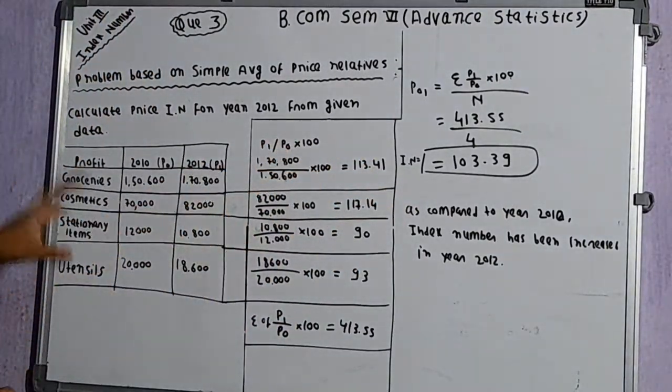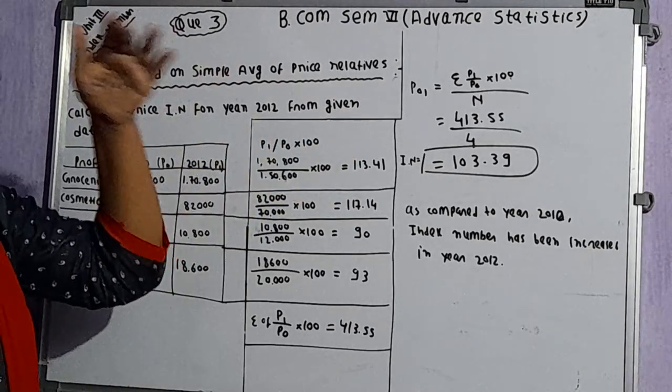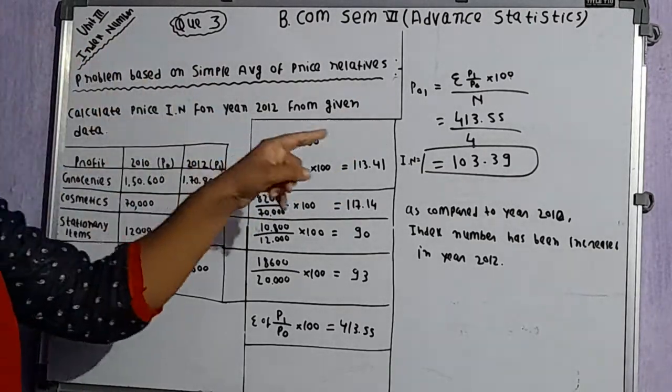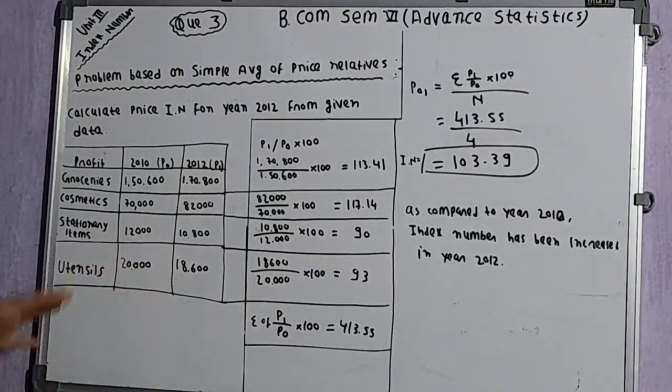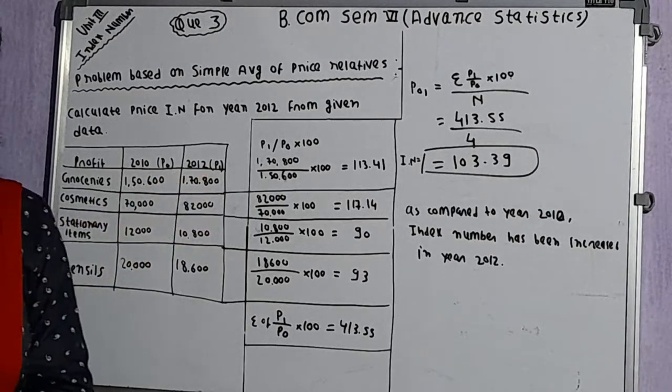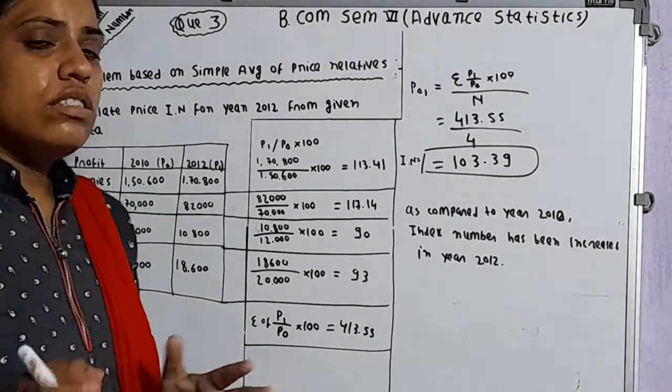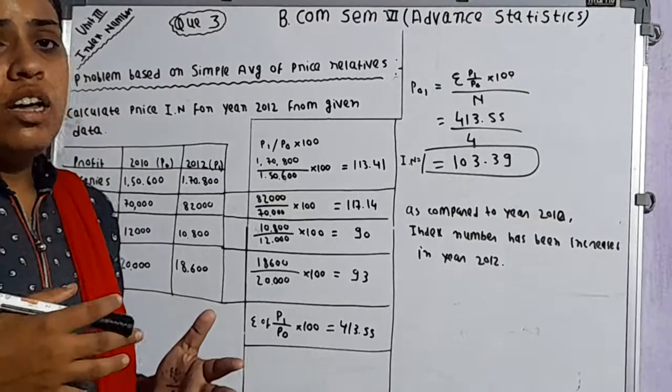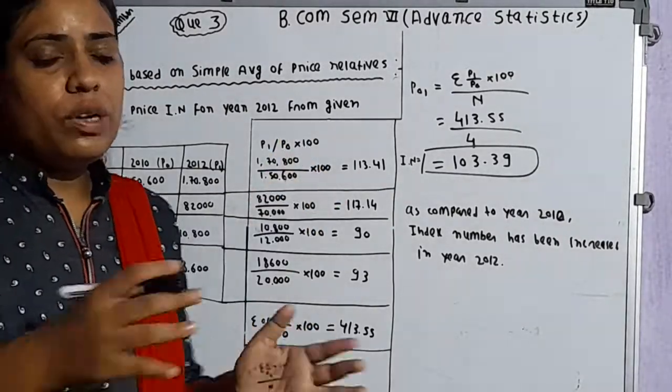We can also derive a conclusion that when there is an increase in the index number by 3.39%, then when we compare the profits for these 2 years, that is 2010 and 2012, for the overall profit of all these categories of items, we will find a change of 3.39%.